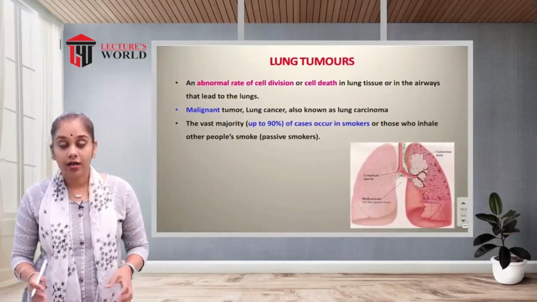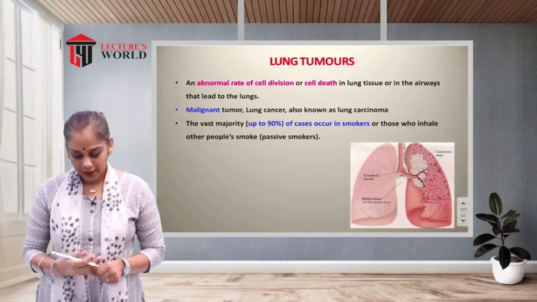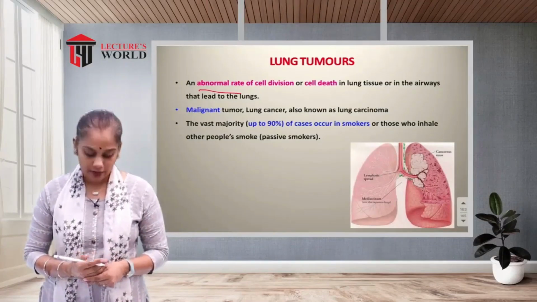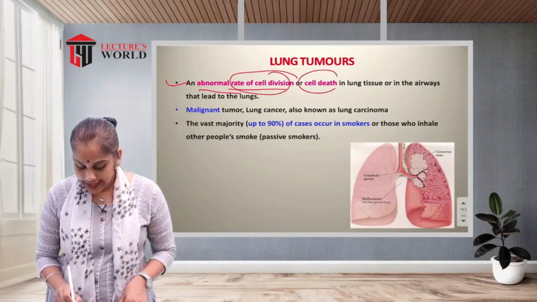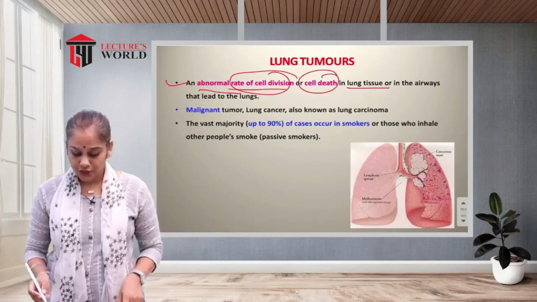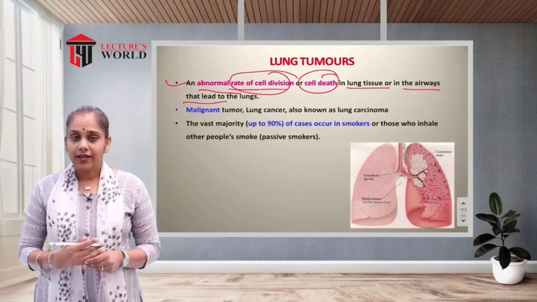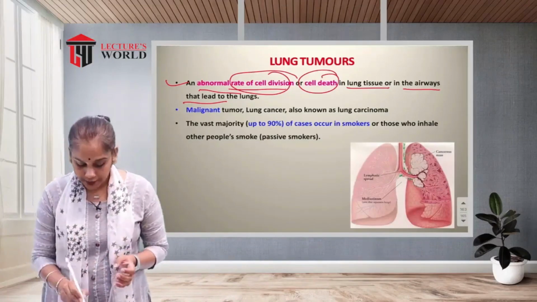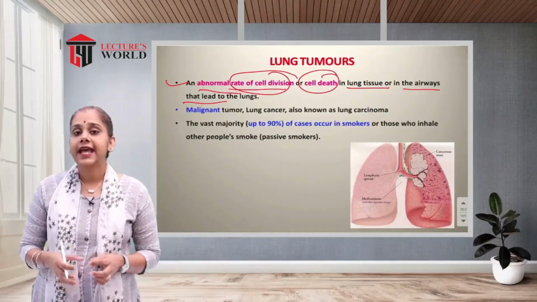Now we will see the lung tumors. Okay, so it can be benign or it can be malignant. An abnormal rate of cell division or cell death in the lung tissue or in the airways. What is a tumor? There will be abnormal cell division or cell death.